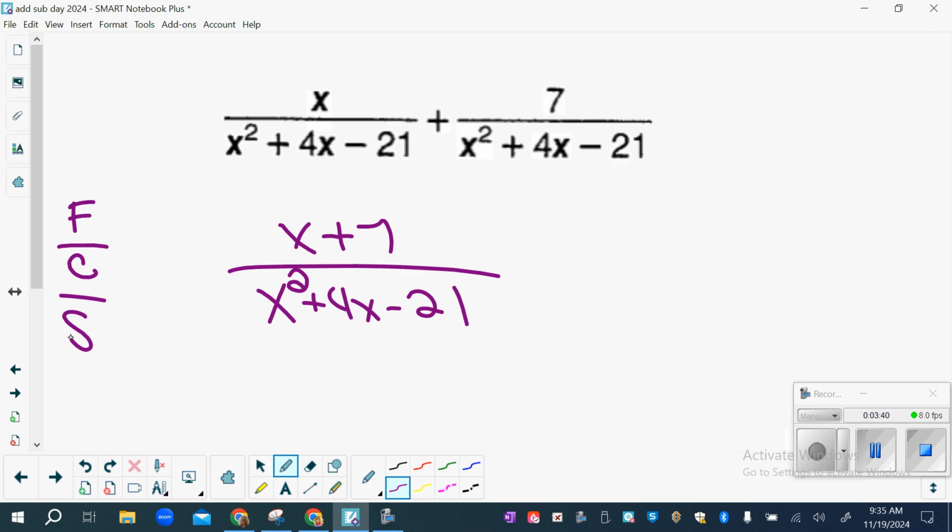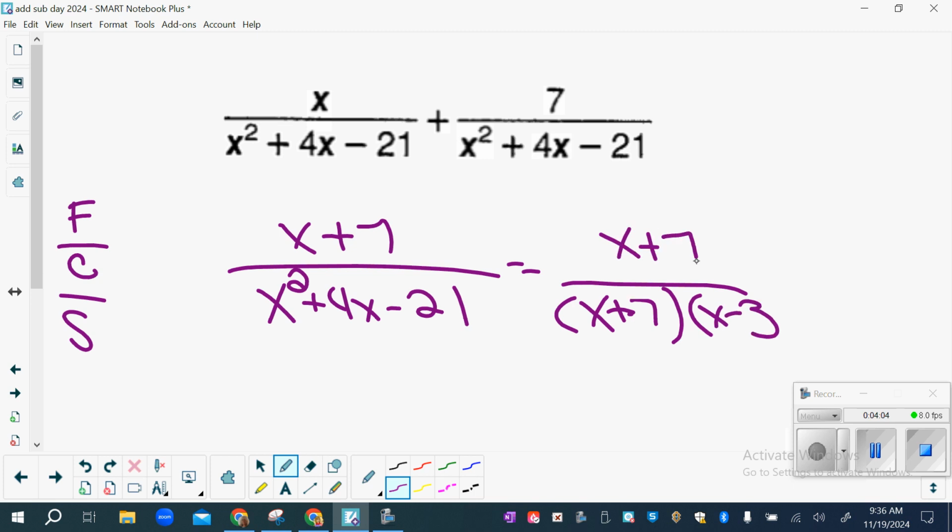So if you think you're done tonight, you almost are never done because I love canceling. You know that about me. If you can't cancel, I hate the problem. So that has no canceling. There's canceling. Let's do it. So let's factor the bottom: x plus 7, x minus 3, and the top is x plus 7.